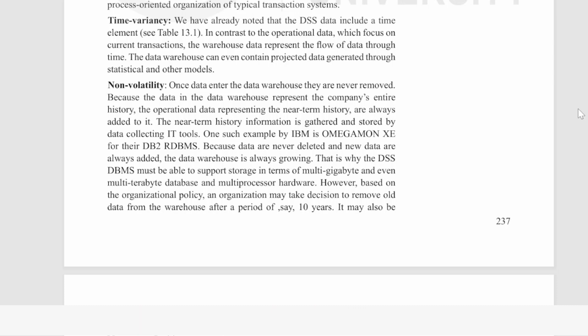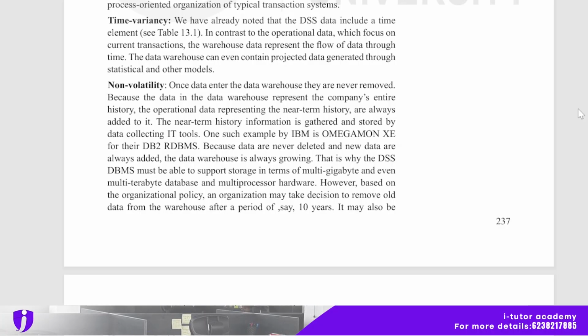The operational data representing the near term history are always added to it. The near term history information is gathered and stored by the data collecting IT tools. One such example by IBM is OMEGAMON XE for their DB2 and RDBMS. And because the data are never deleted and new data are always added, the data warehouse is always growing.